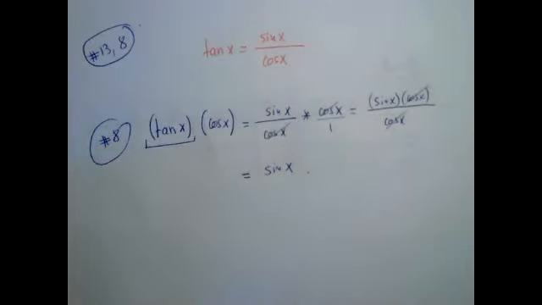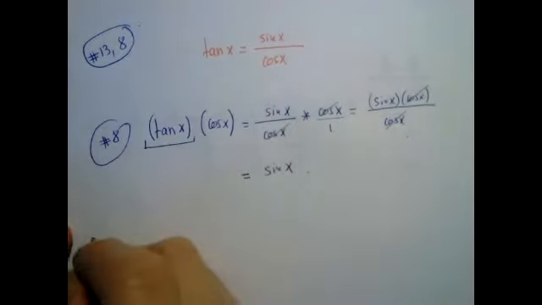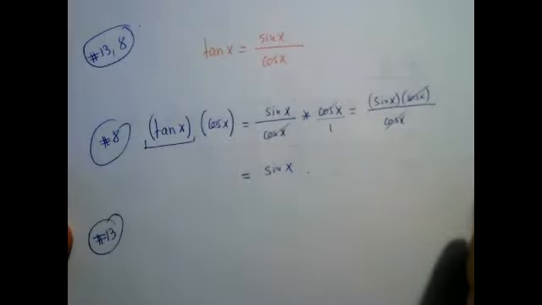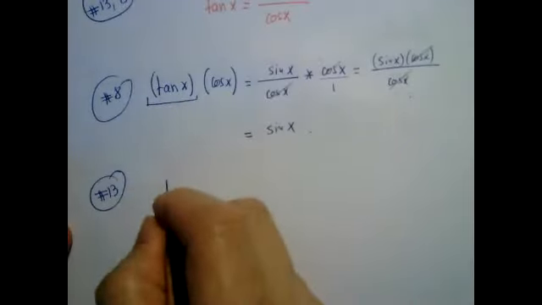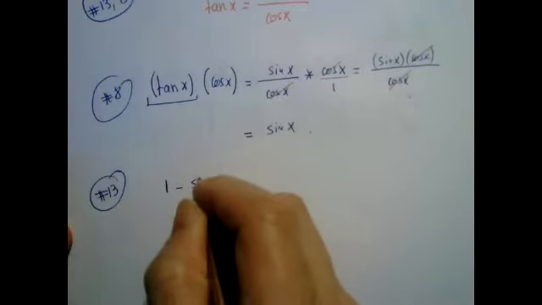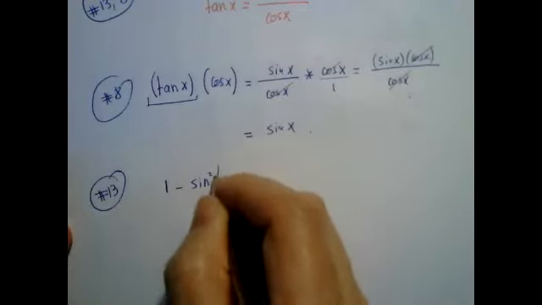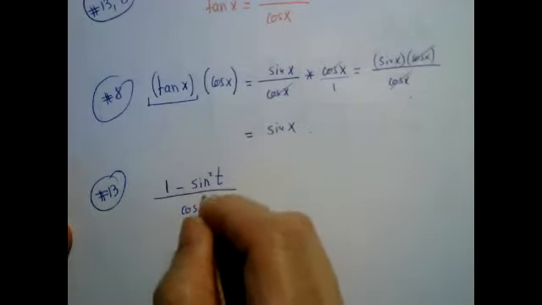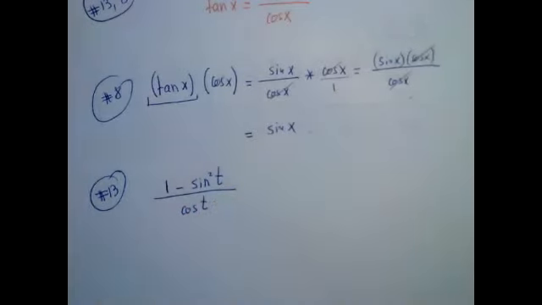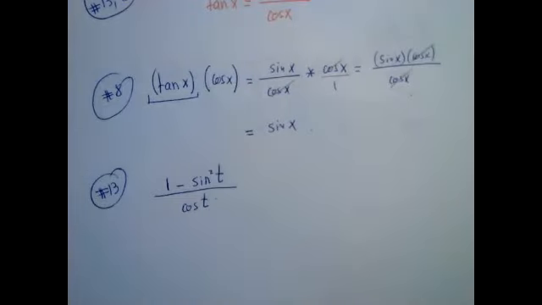Okay. Now, number 13. One minus sine squared t over cosine t. I meant number 13 on the 7.6. Oh, sorry.